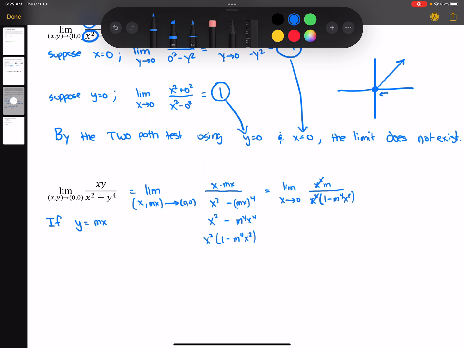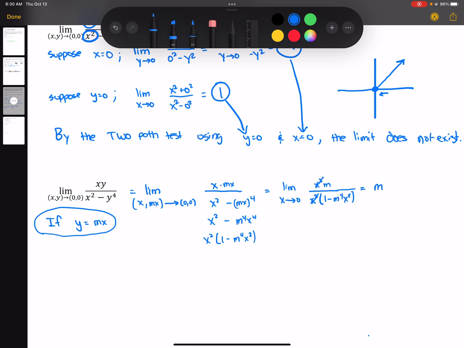So what we're left with is, now when x approaches 0, we're going to get m divided by 1 minus m to the 4 times 0. So we get m. Now again, m's not 0, so we know the limit isn't 0. That's important. So that's one path. We chose one path where we approach on a line.